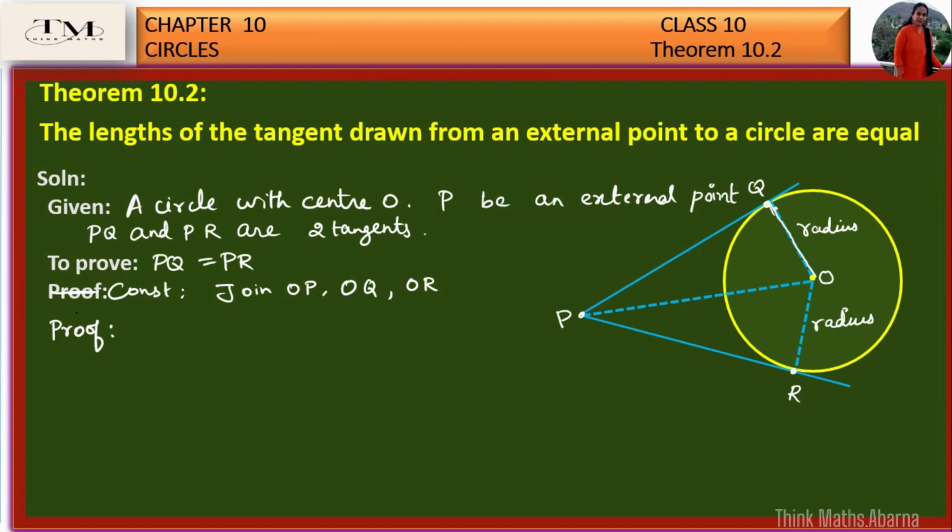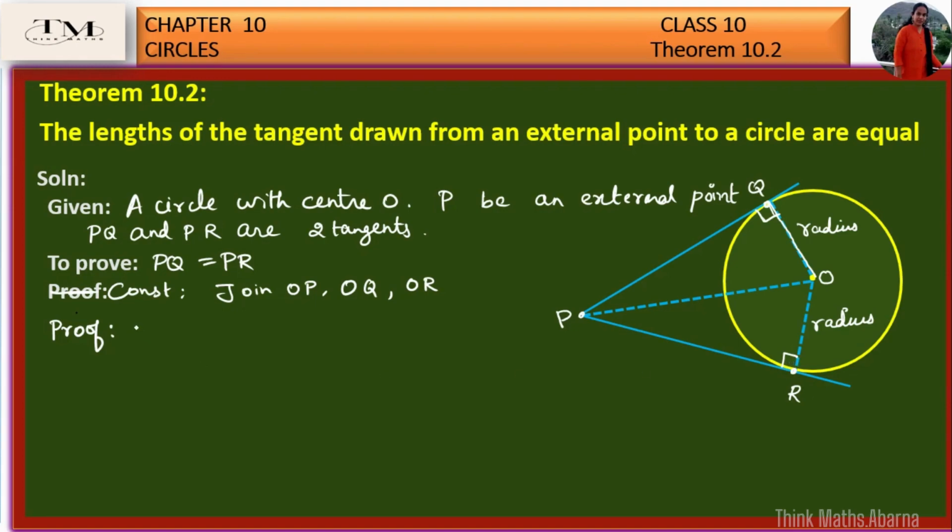So, this radius is perpendicular to PQ at this point of contact, so this angle is 90 degrees. In the same way, radius OR is perpendicular to the tangent PR at the point of contact R, so this makes 90 degrees.